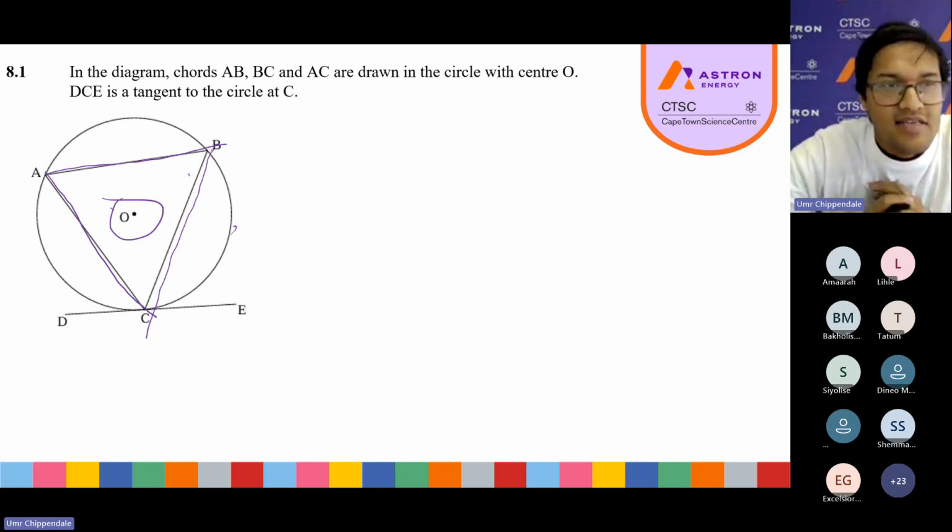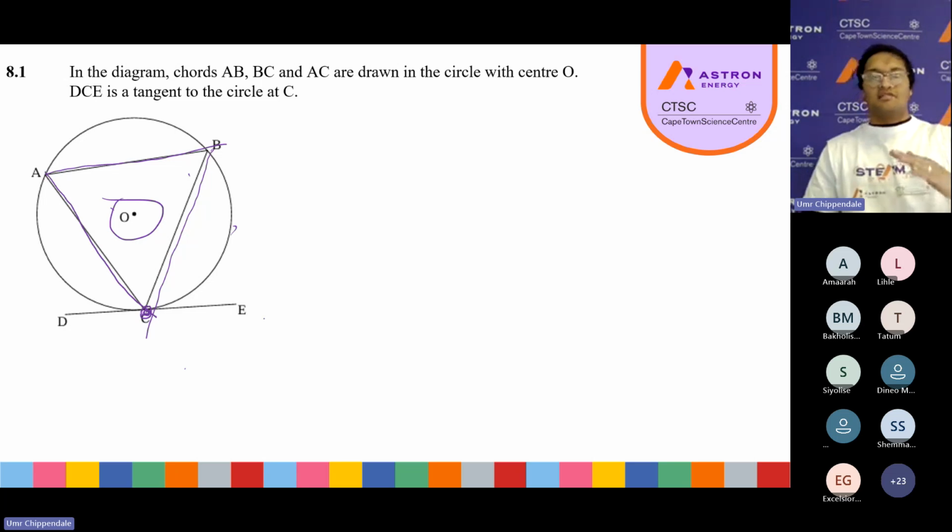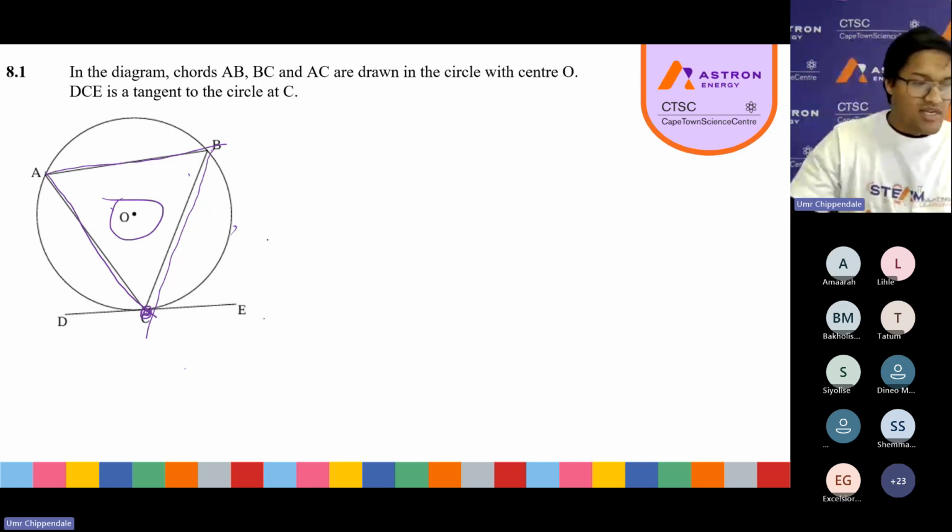Now let's say DCE is a tangent to the circle at C. So we all reach at this point over here. It's a tangent, and we know a tangent is a line that touches a circle at one point only. Right? At one point only.